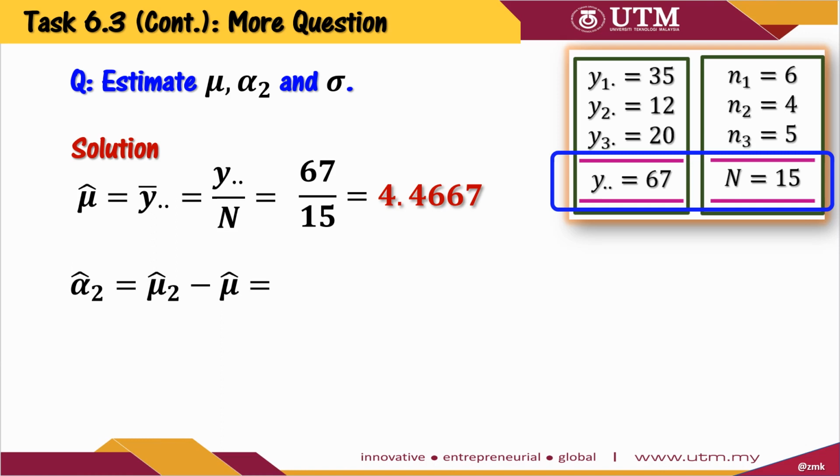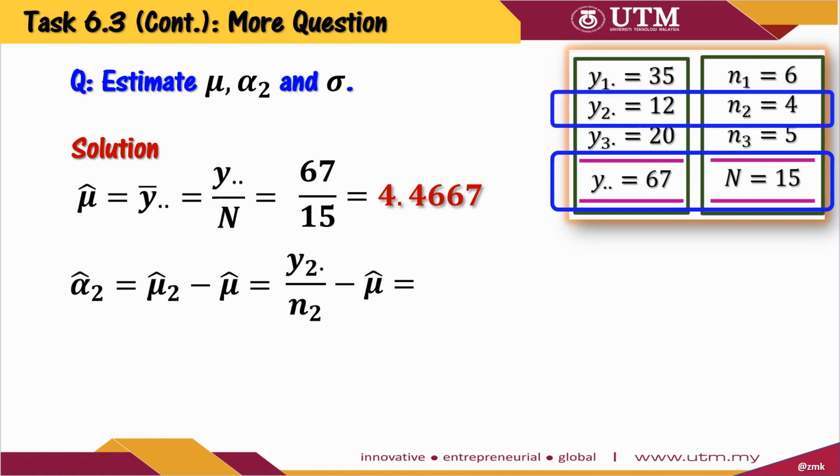The next estimate is the estimate of the second level effect, denoted by alpha cap 2. By definition, alpha cap 2 is the difference between the estimated second level mean, mu cap 2, and the estimated grand mean, mu cap. To find the estimated second level mean, mu cap 2, you can divide the second level total y2 dot equal to 12 by the corresponding second sample size N2 equal to 4.